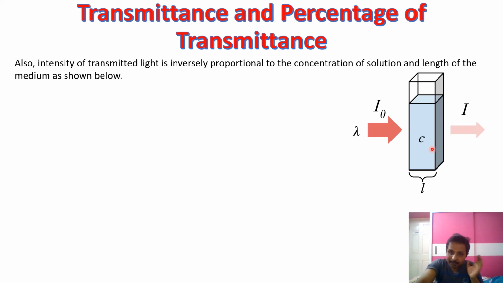Similarly, if the length of the medium is larger, then the intensity of light absorbed will be maximum, so the intensity of transmitted light decreases. That is, the intensity of transmitted light is inversely proportional to the concentration and length of the medium.